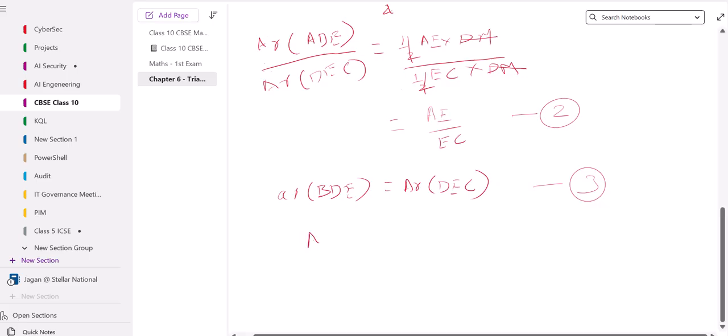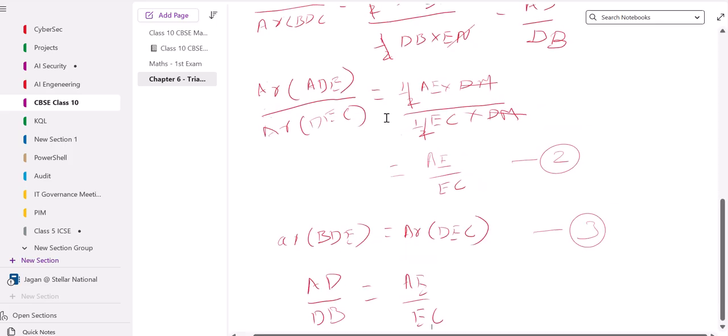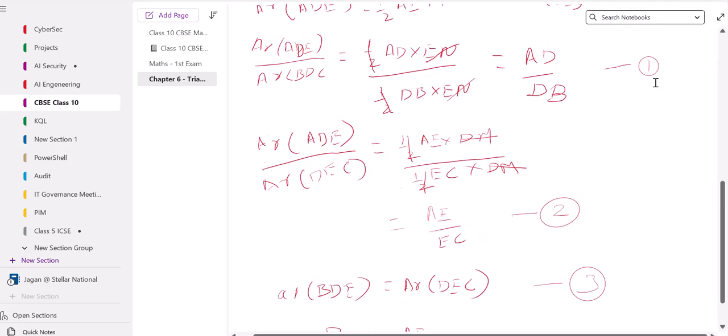AD by DB equal to AE by EC. So let's understand why this is. Because if you see the point 1, area of ADE by area of BDE equal to AD by DB, and area of ADE by area of DEC is the second one, which is AE by EC.